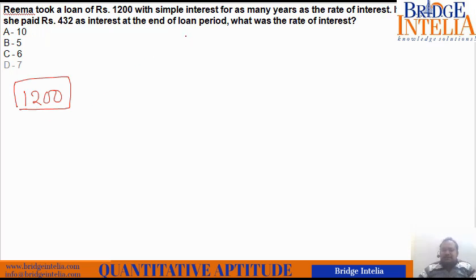So let's suppose the rate was equal to R%. Now it is said that for as many years as the rate of interest, that means the time for which she has taken the loan is equal to R years only, numerically equal.